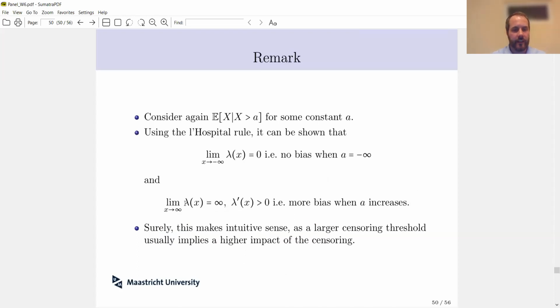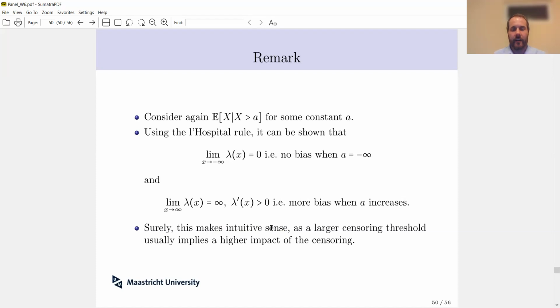Moreover, we can say that if A goes to plus infinity, the inverse Mills ratio also goes to infinity. And you see the derivative is always positive. So we get an increasing bias. So the higher A, the higher the bias. And this also makes intuitive sense, right?